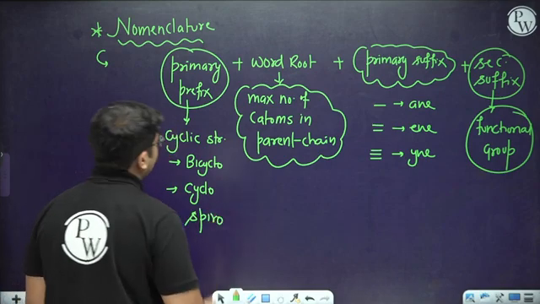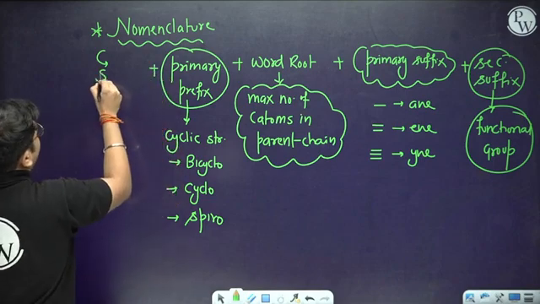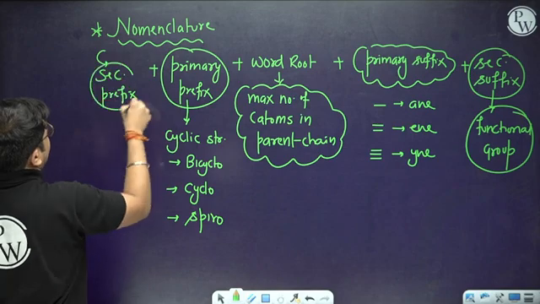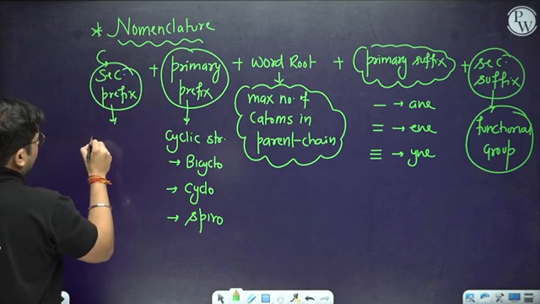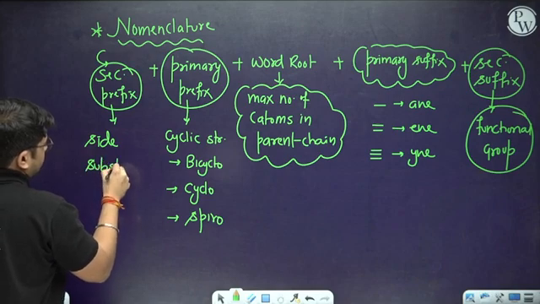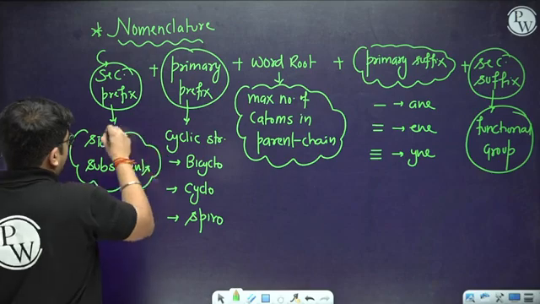These types of primary prefix are generally used, and the last part will be your secondary prefix, which generally talks about the presence of your side substituents. I hope this entire part is clear.